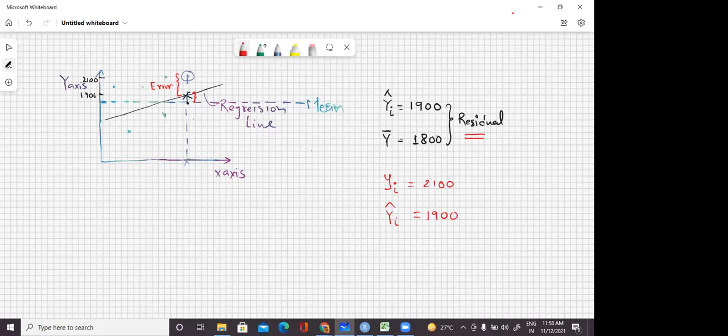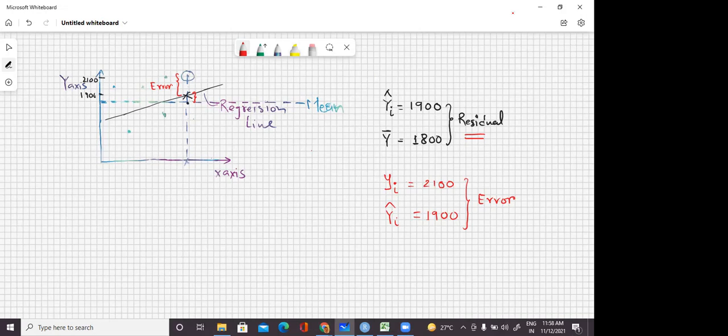So this distance, as we discussed, is called the error. Now we are dealing with these two values. One is called residual, one is called error.